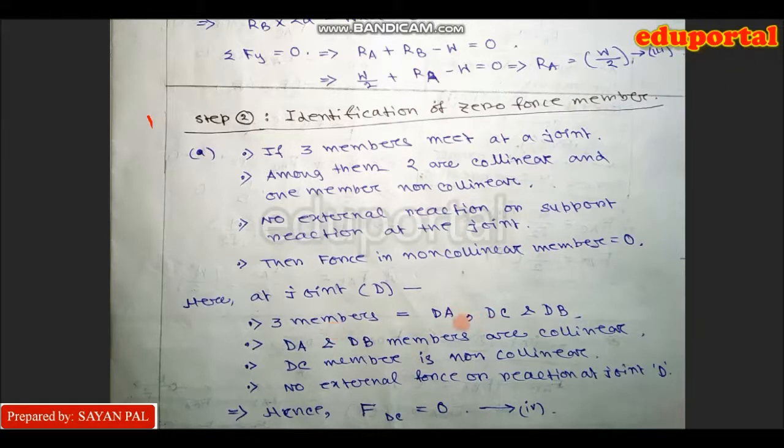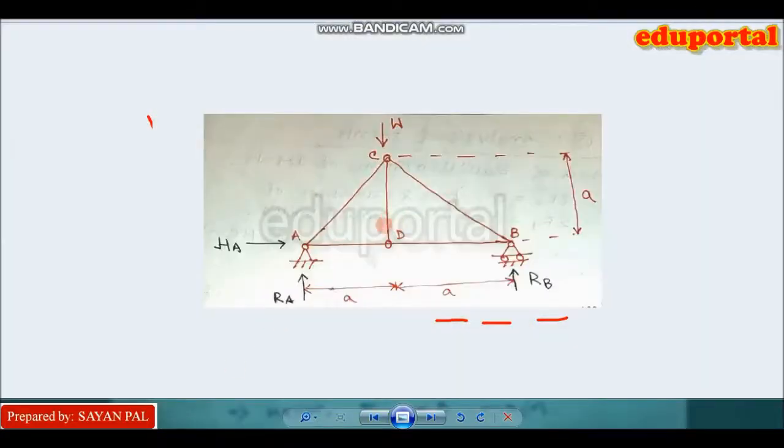So here we have three members, DA, DC and DB. We can see DA, DC and DB are three members meeting at joint D. Among them DA and DB are collinear, and DC is non-collinear.